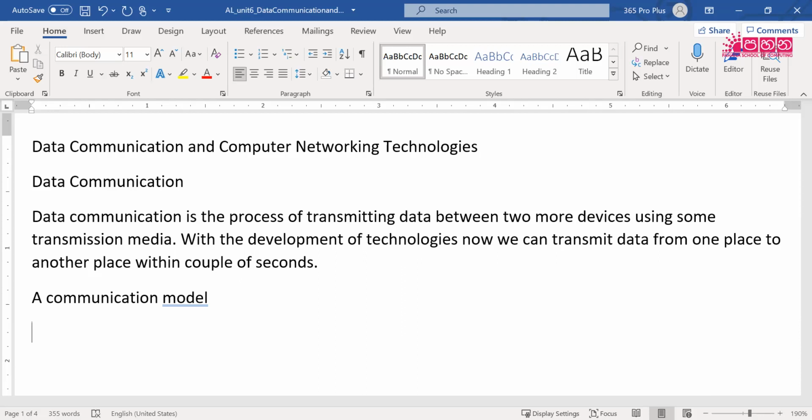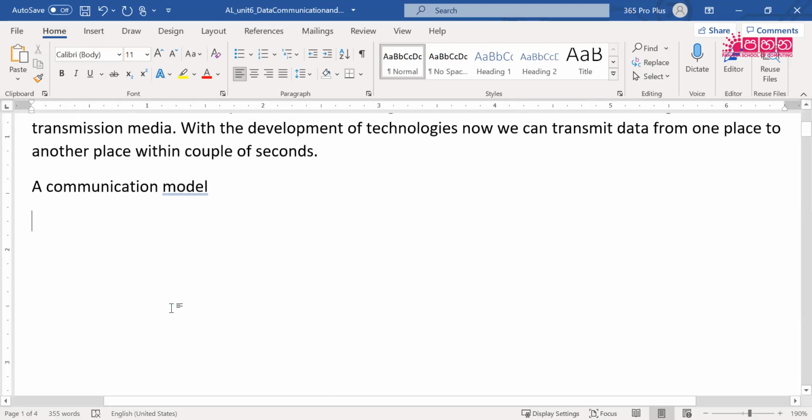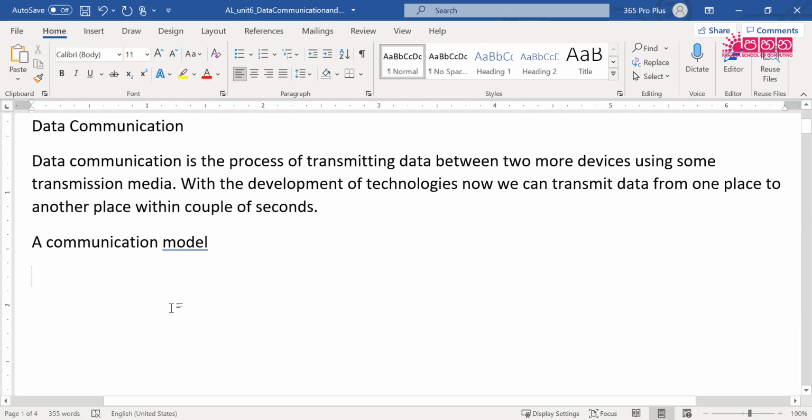When you talk about the communication model, it means what are the things involved in data communication, right? I told you we are going to connect from one place to another. We use different devices to do this, but what are the parts of it?